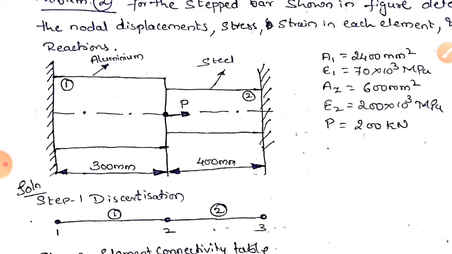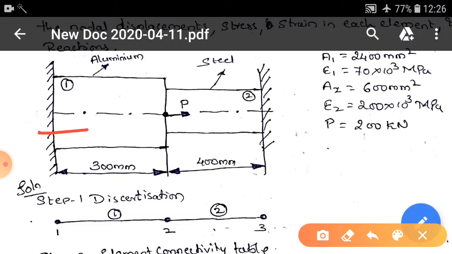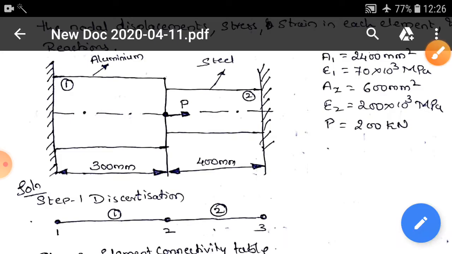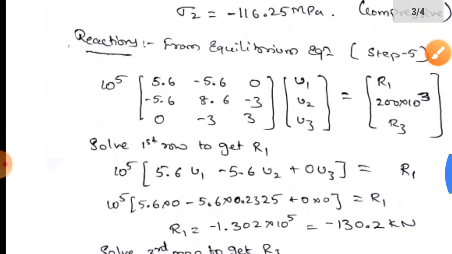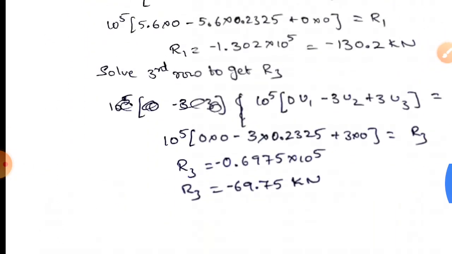Now to check whether our results are correct, we determined R1 as minus 130 and R3 as around minus 69. If you add minus 130 and minus 69, it is almost minus 200, nearly equal to 200 kilonewton, but not exactly 200.